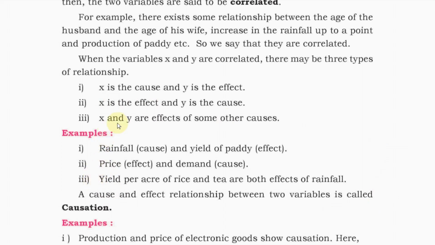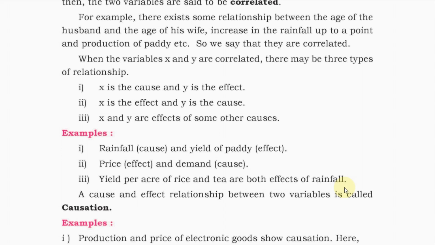Now example pertaining to the third statement here. So that is yield per acre of rice and tea, both are effects of rainfall. Suppose you have 2 acres of land, on 1 acre you have rice and on another acre you have tea, or you are cultivating them seasonally or whatever. So yield of both of the crops is affected by rainfall.